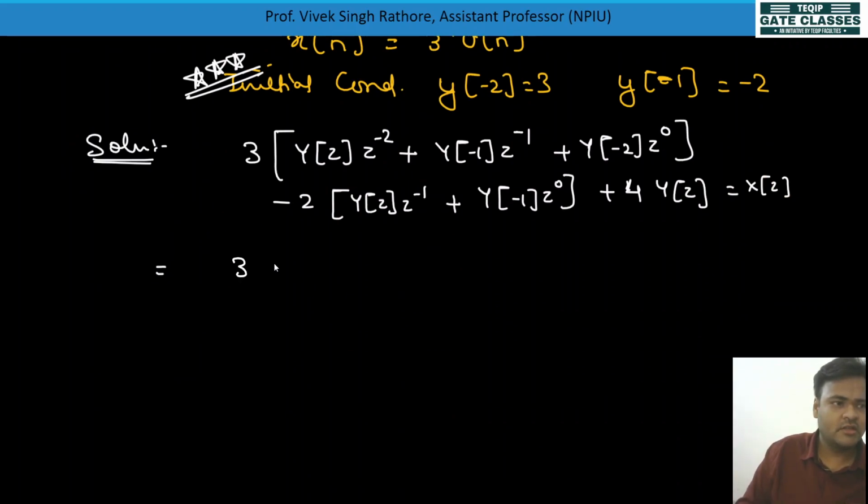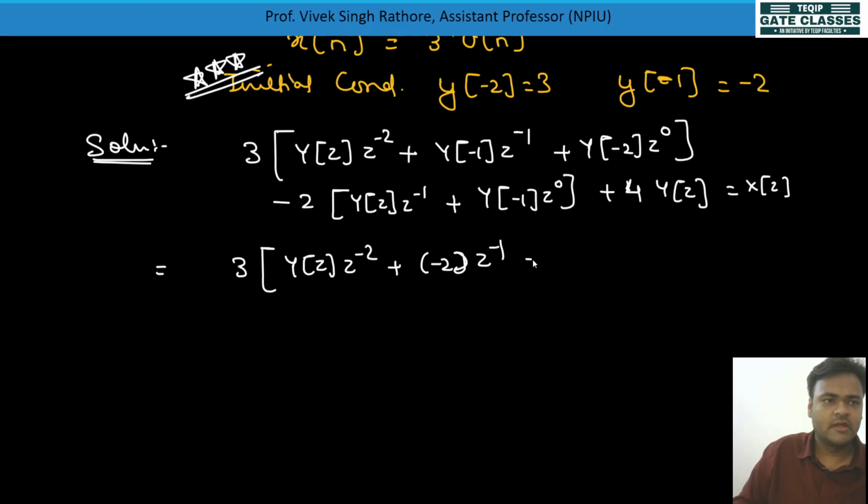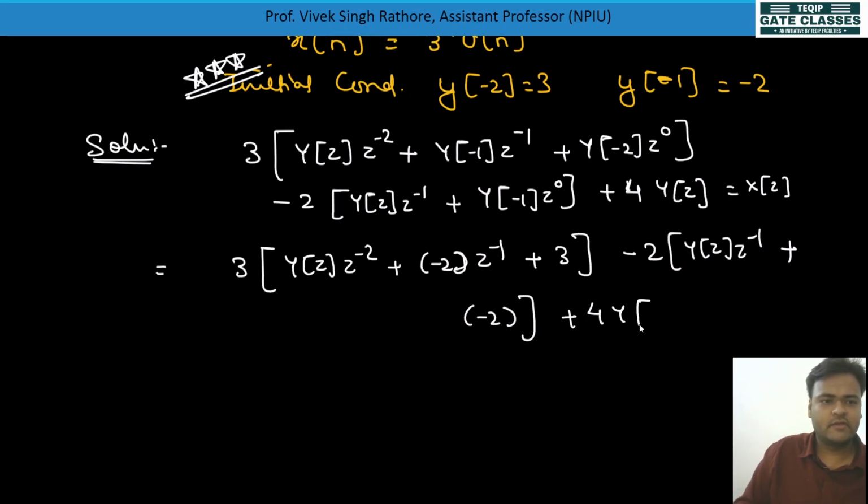You can see 3, y of z, z to the power minus 2, plus y of minus 1 value, which is minus 2, z to the power minus 1, plus y of minus 2 value, which is 3, minus 2 y of z, z to the power minus 1, plus y of minus 1, its value is minus 2, so we'll write minus 2 value, okay, and plus 4 y of z is equal to x of z, okay.